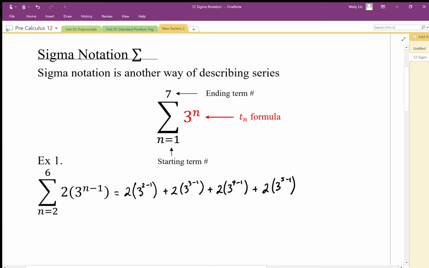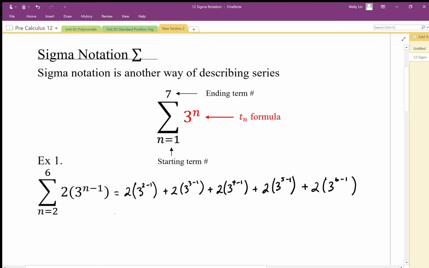And we're at n equals 5. We need to get to n equals 6 to get the last term, so plus 2 times 3 to the power 6 minus 1.